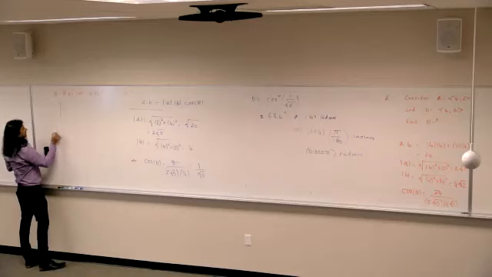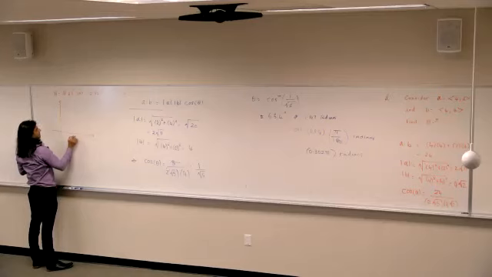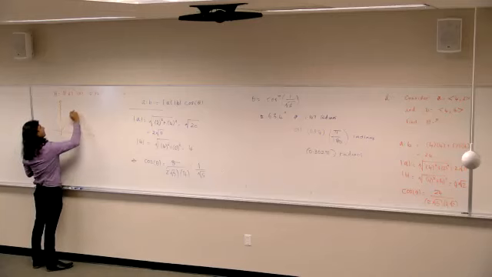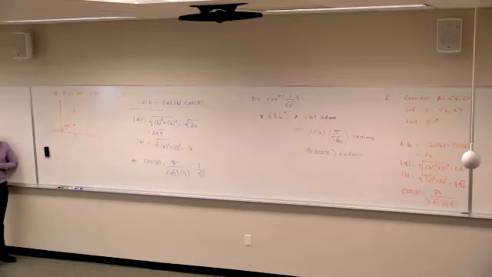If you graph this relative to the origin, 4, 2 is over here, 4, 4 over there. We're finding that angle.